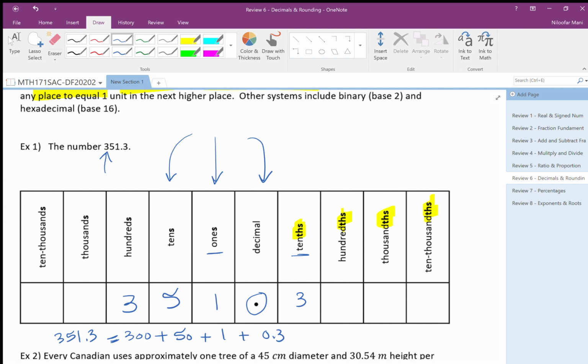After the decimal we don't start from 1, it doesn't make sense. Because dividing by 10 makes the decimal, we need tenths. And when I see the ending TH, it means it's just after the decimal.